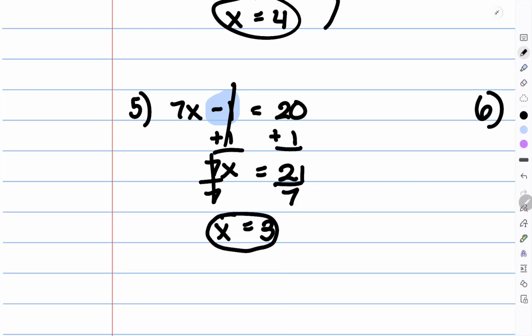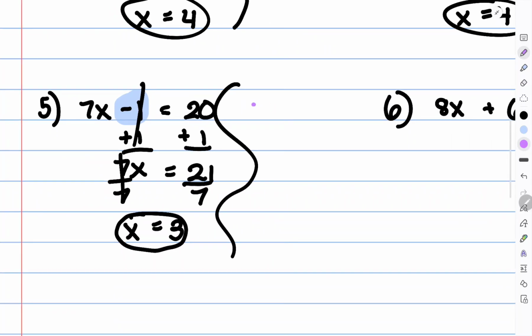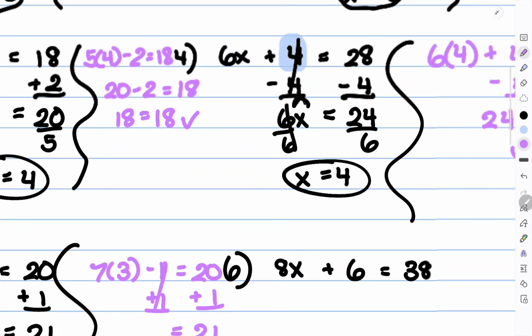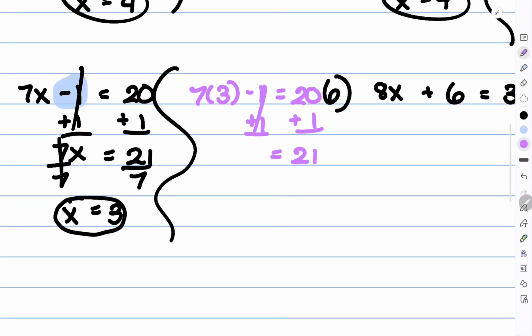Now we check: 7 times 3, because we're plugging in x, minus 1 equals 20. Add 1, that equals 21. 7 times 3 is 21. So does 21 equal 21? Yes, so we did it correct.